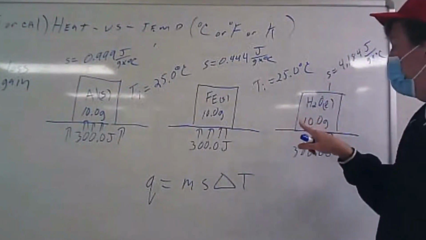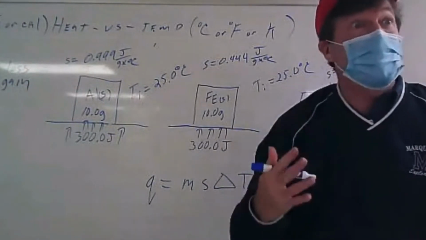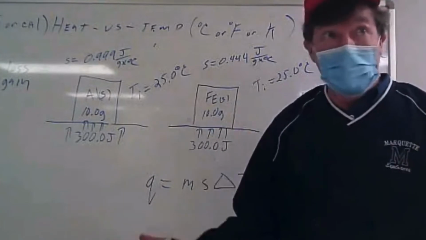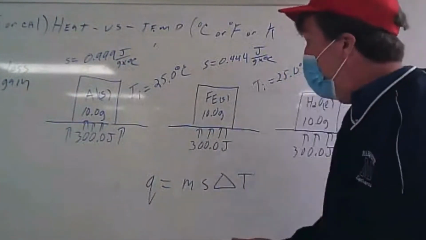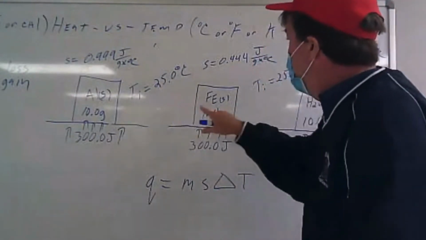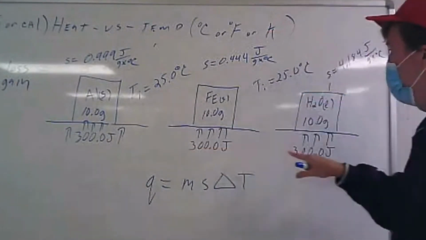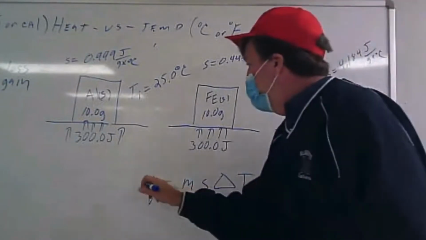So we'd expect this to gain and release heat without a big temperature change. That's what we'd expect. Let's do the math though. Expecting is one thing, but let's do the math and get the final temperature for each of these. We have equal masses. We have an equal amount of joules input. We know that Q is positive.